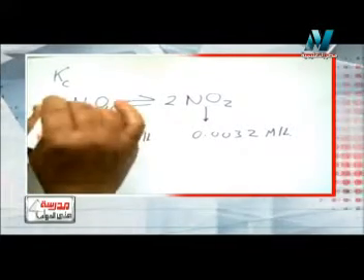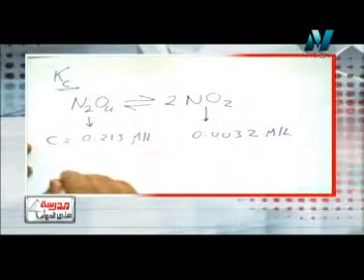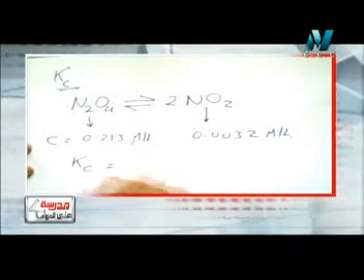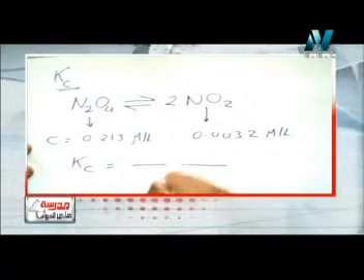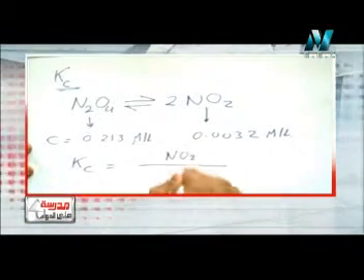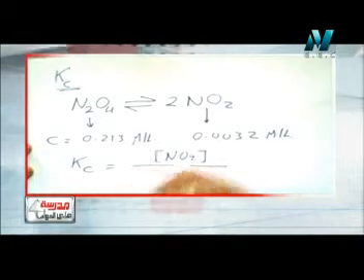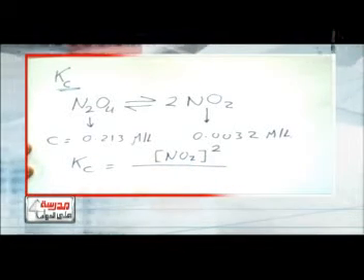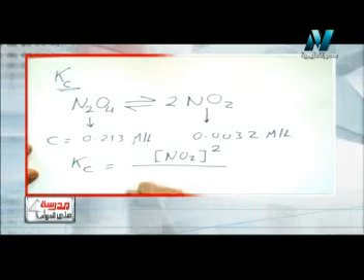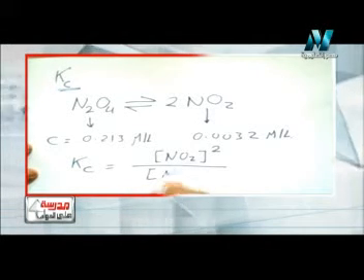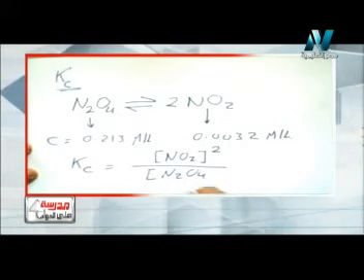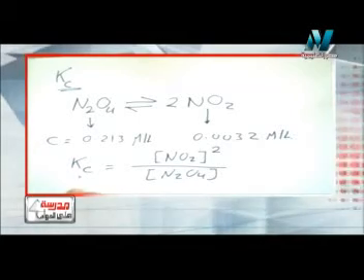In order to get Kc, we know that Kc is the concentration of the product NO2 raised to the power of its number of moles, NO2 to the power 2, divided by the concentration of the reactants. But take care, we cancel the value of solids or of water as a liquid.